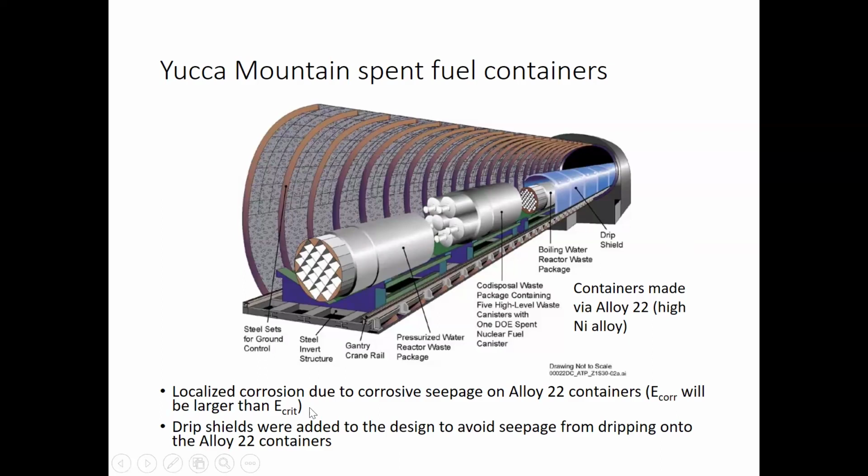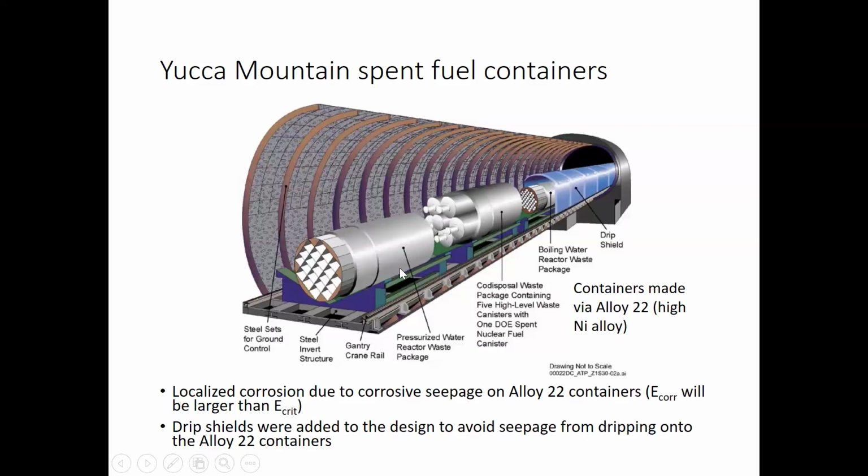But one thing that was found is that with localized corrosion, once you rely on passivity of your metal, you open yourself up to, well, what if you push the potential high enough that you actually end up in the pitting region? What was found is for alloy 22, maybe after about 200 years after the fuel has cooled down to some degree, you can have seepage from the walls of the mountain itself, such that you have a very corrosive solution dripping onto this alloy 22.